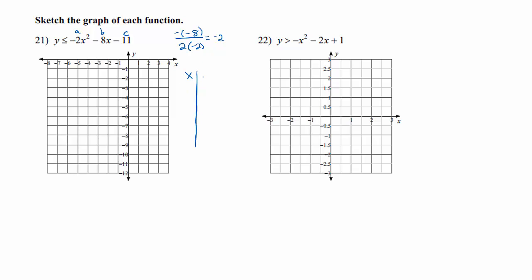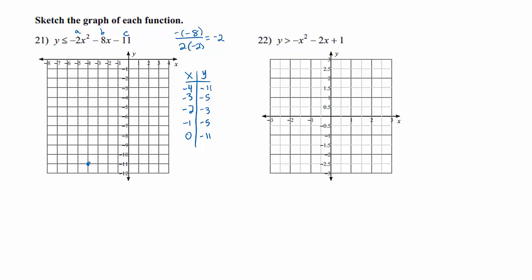We plug it in. At this point, I'm just going to say what they are, and you can practice getting that on your own. -4, -11 is right here. -3, -5 is right here. -1, -2, -3, and back down.